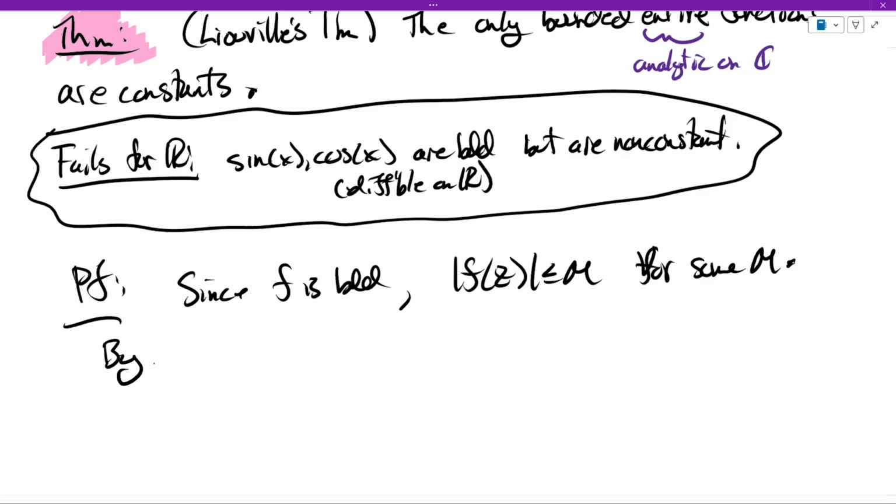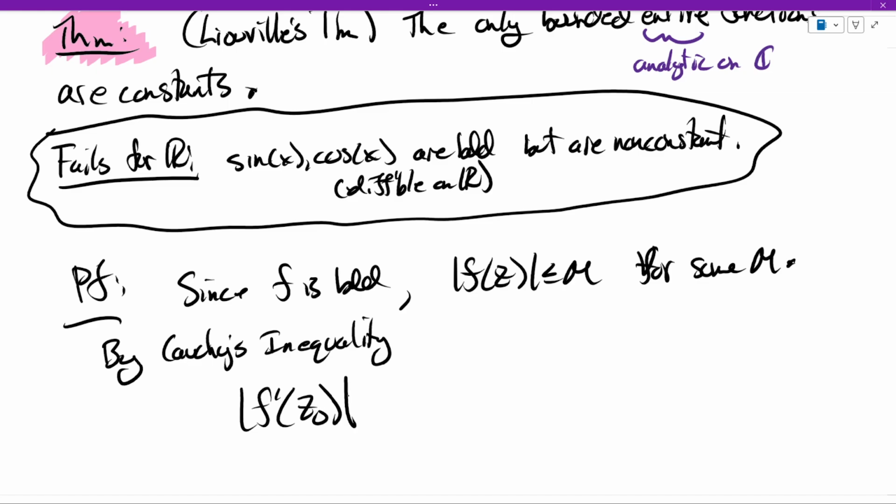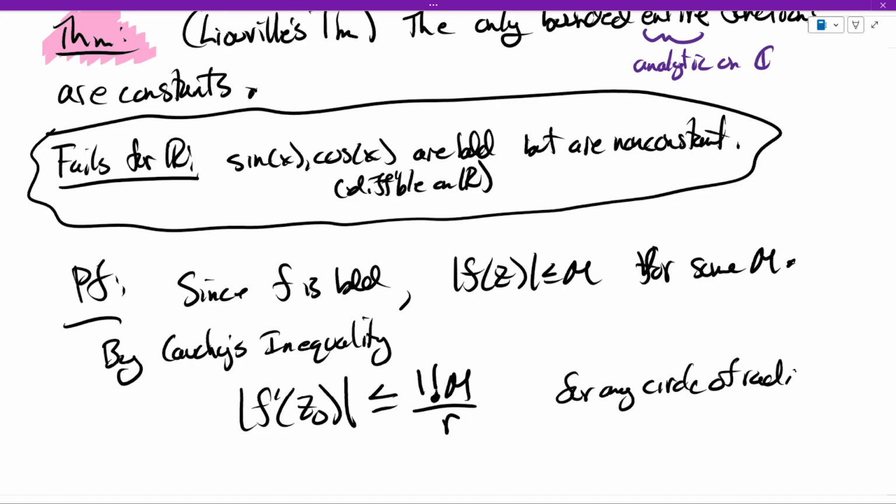By Cauchy's inequality, the size of the derivative's value at any point is therefore less than or equal to 1 factorial M over r, for any circle of radius r about z naught.